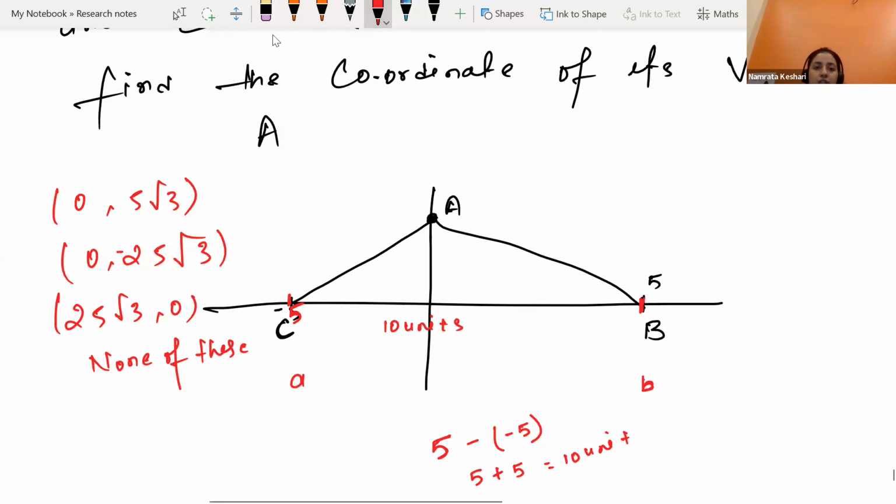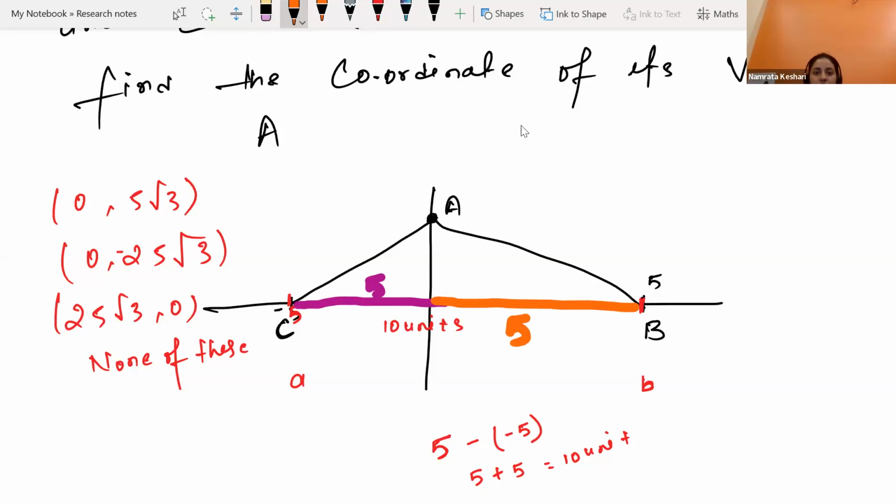Now if you will focus. Can we say this much distance is 5 unit? And this the other part is also 5 unit. Yes, we could say that also.